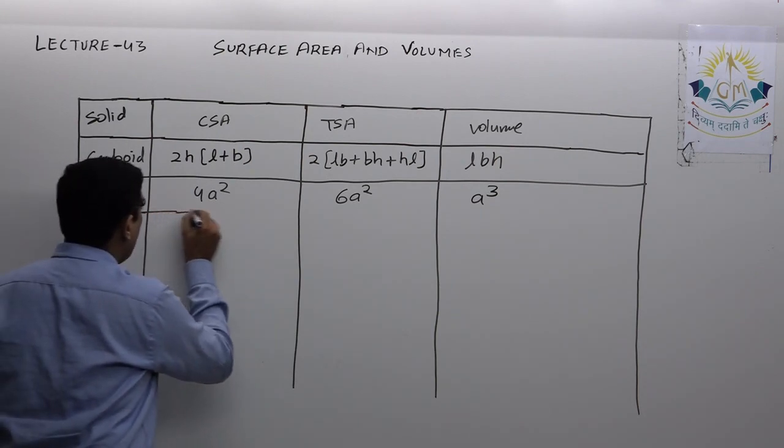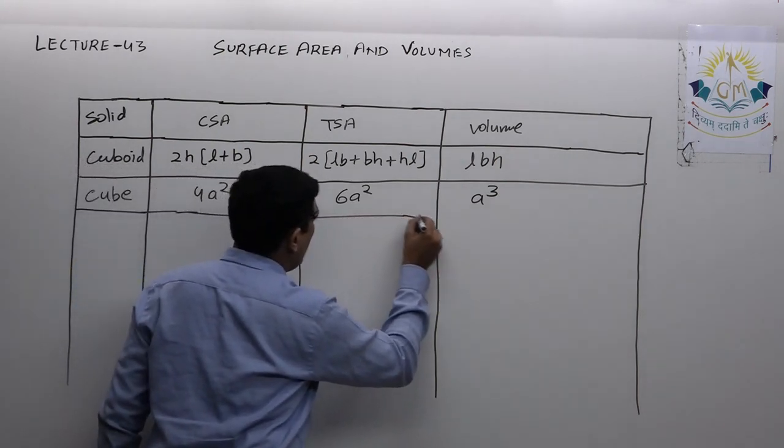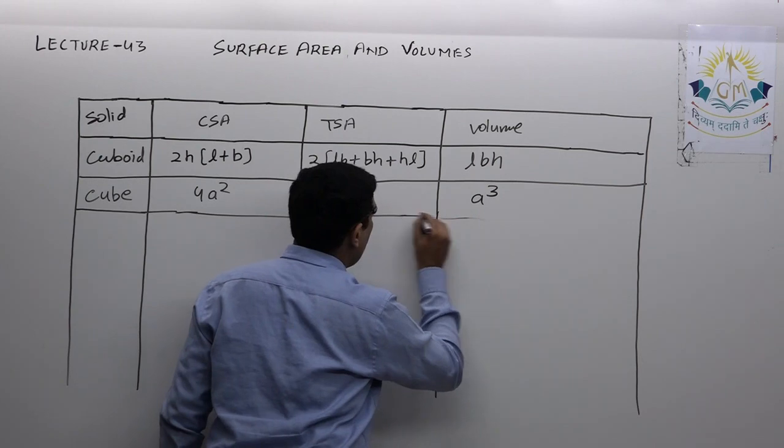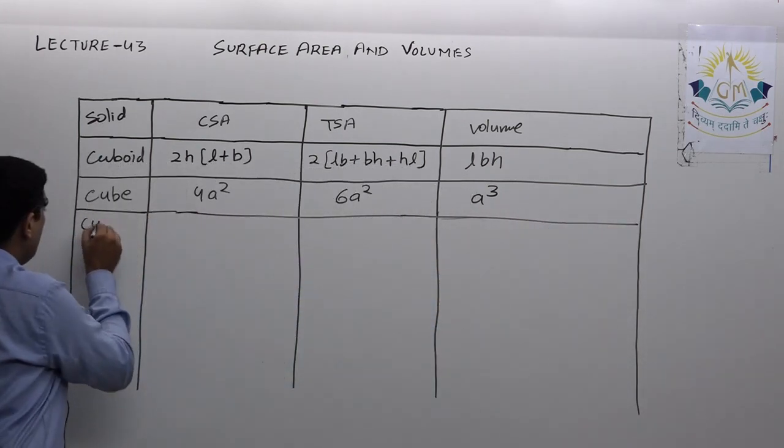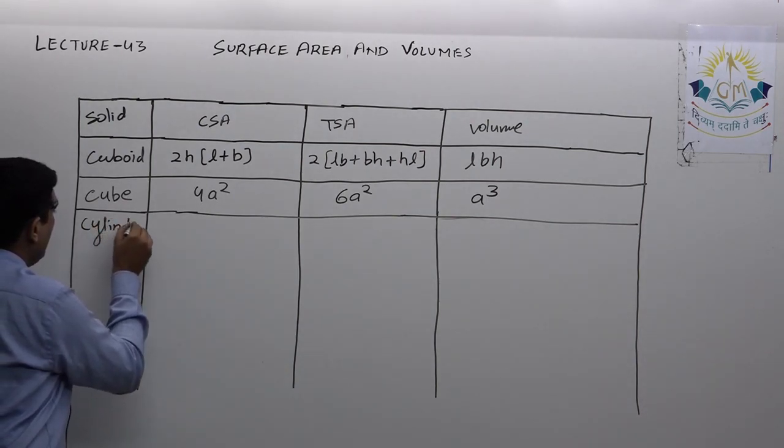I'm giving you the names in sequence, then we write the formulas. Next I'm going to take cylinder. In the sequence we saw them separately, and I'm writing in that order only.